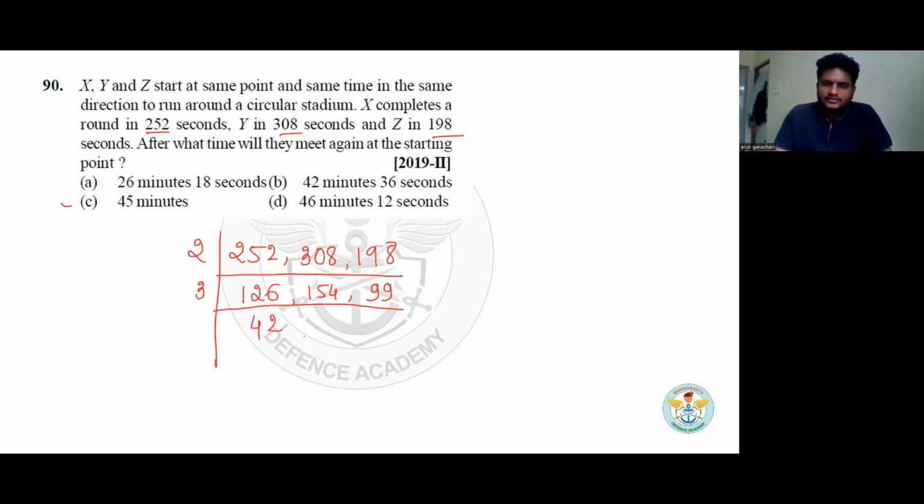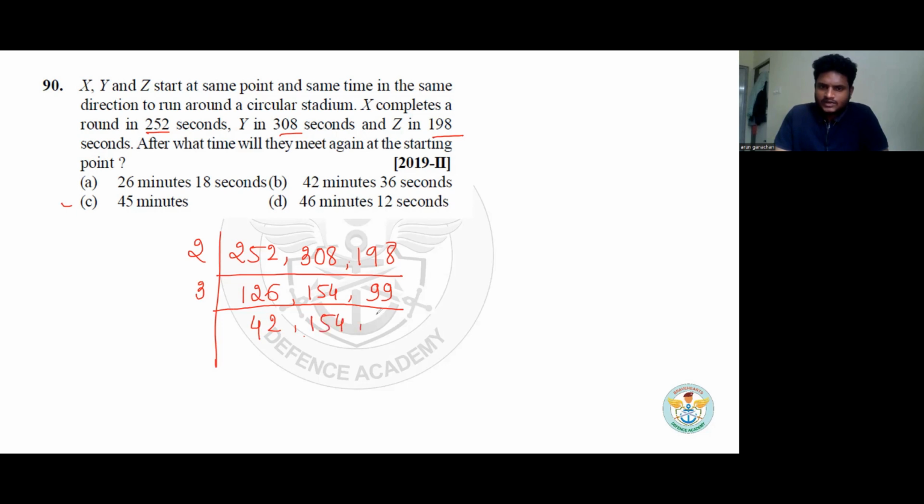Can I divide it by 3? I don't think I'll be able to divide 154 by 3, so I'll keep it as it is.